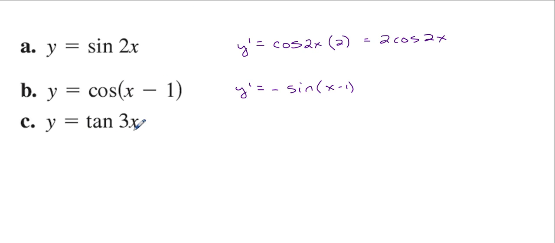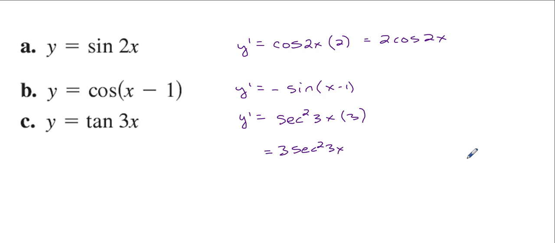But we got tangent down here, tangent of 3x. That's definitely a composite function. Chain rule needed. Y prime equals, oh man, derivative of tangent, secant squared of 3x, times 3. Okay, we're putting that 3 in the front again, 3 secant squared 3x.